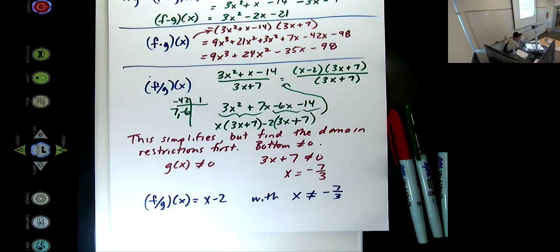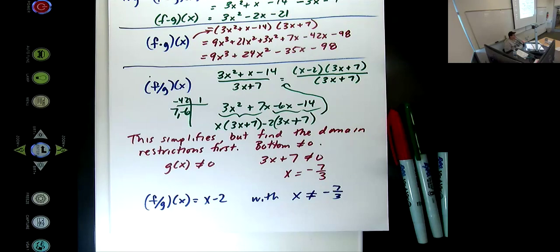You guys have done this stuff before, we just didn't use f of x and g of x when we did it. We did rational expressions and simplifying them, and this was part of chapter R. You guys did this stuff, we're just adding the f of x and g of x part.